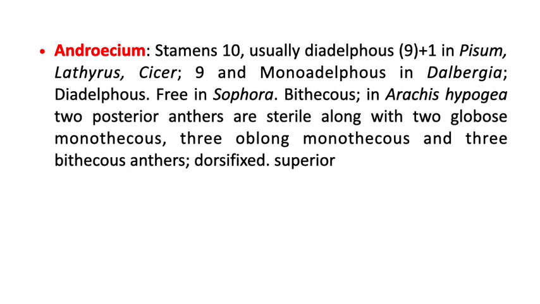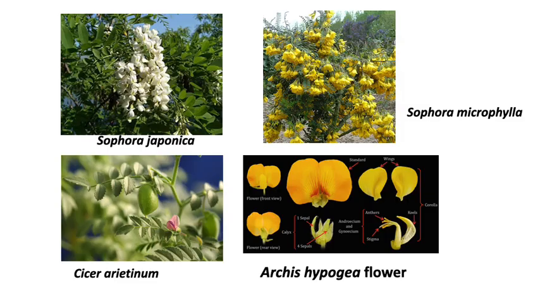In case of Arachis hypogaea, the two posterior anthers are sterile, along with two globose monothecous, three oblong monothecous, and three bithecous anthers. Anthers are dorsifixed and stamens are superior. These are the pictures of Sophora japonica, Sophora microphylla, Cicer arietinum, and Arachis hypogaea flowers.